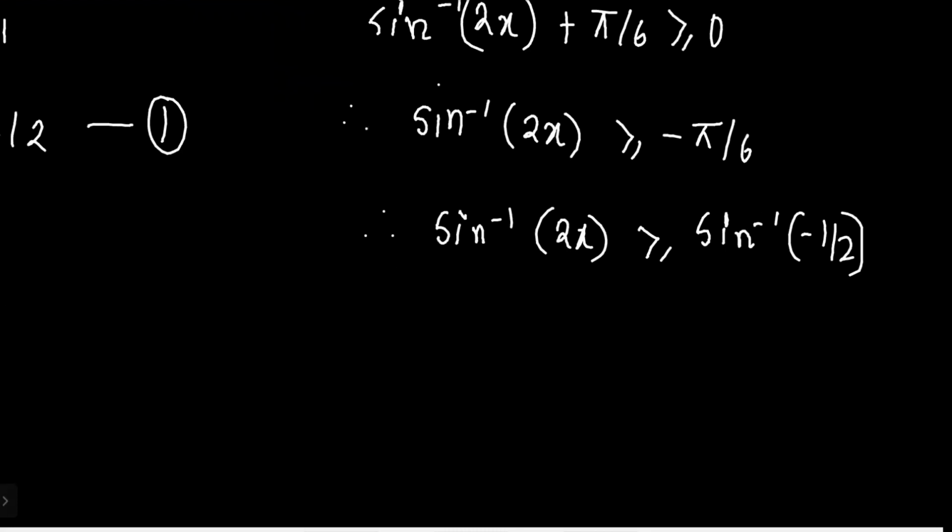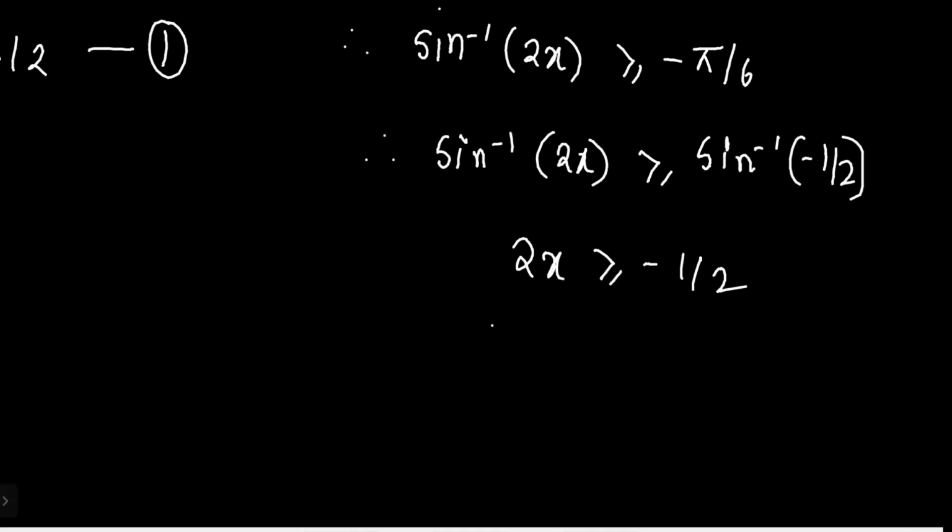So we can write that 2x is greater than or equal to minus 1. Therefore, x is greater than or equal to minus 1 by 4.